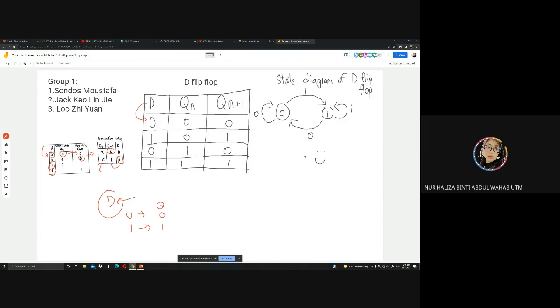It doesn't matter what your Q and present state values are. So you're going to get this summarization, and this is the flip-flop state table. Mostly all of you know how to draw it.